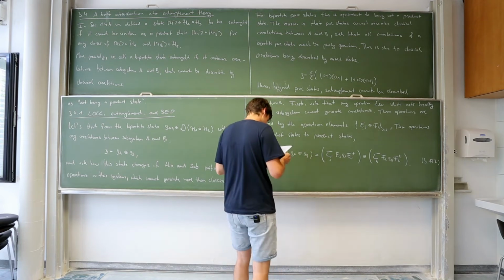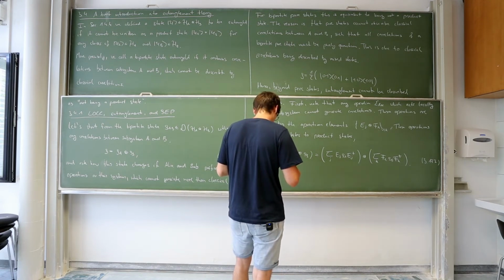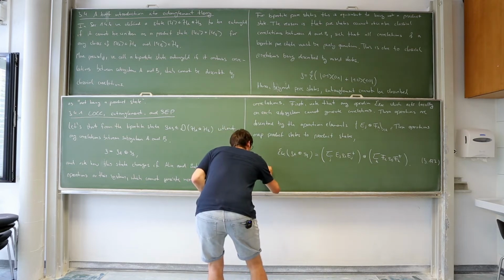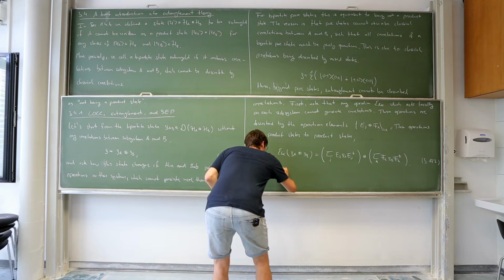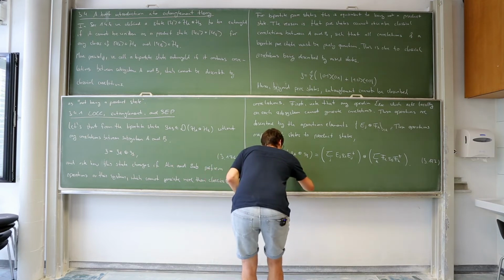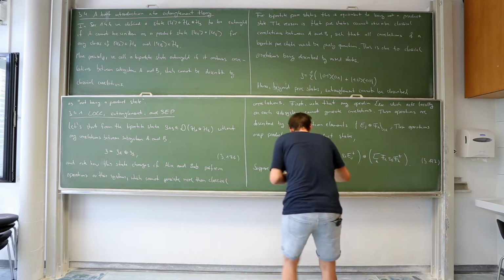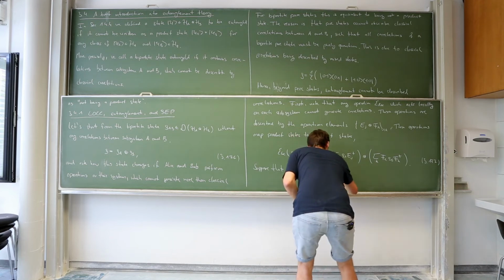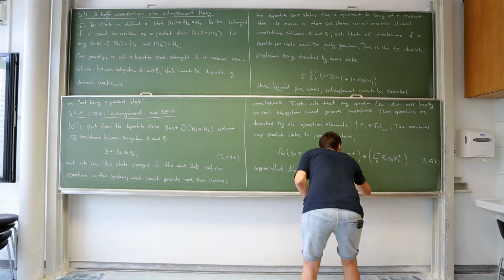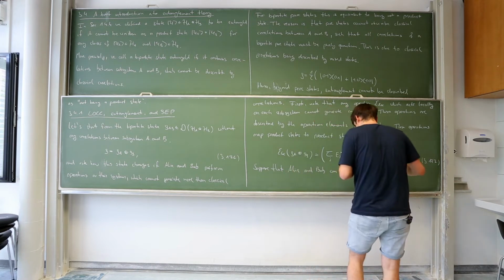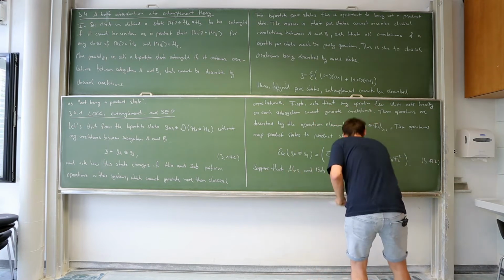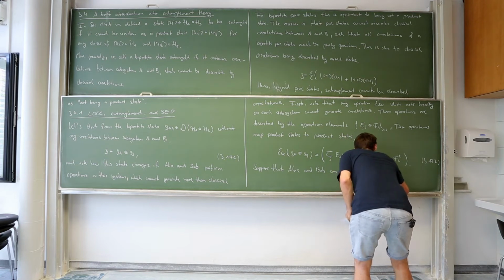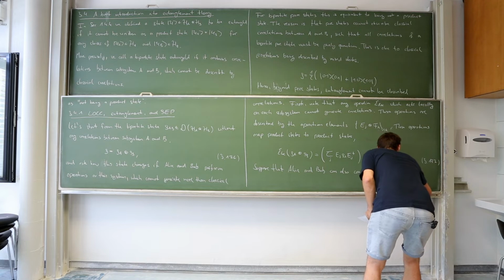So suppose that Alice and Bob can also communicate via a classical channel.